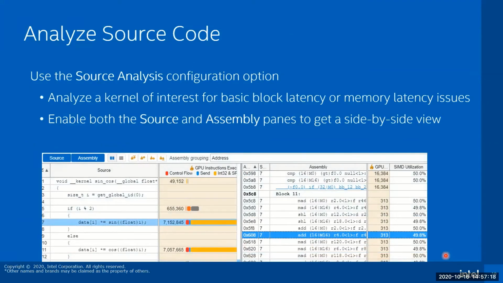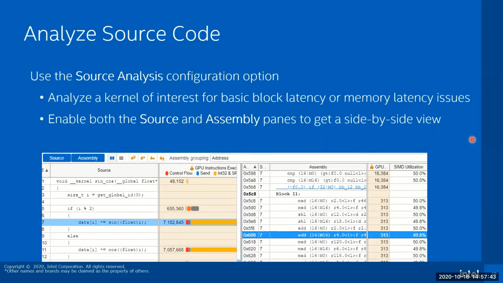So the next analysis set or predefined set is source analysis. This is when you can observe the instruction execution against the source code of your DPC++ or SYCL or OpenCL application and assembly.